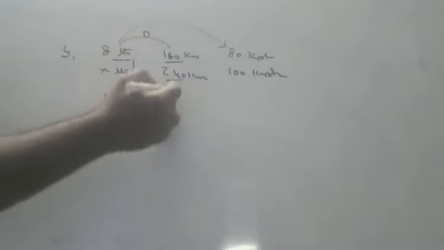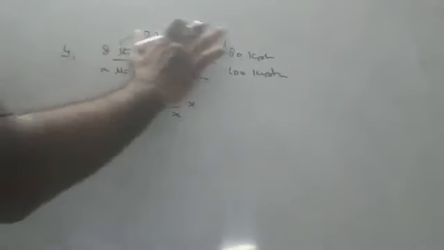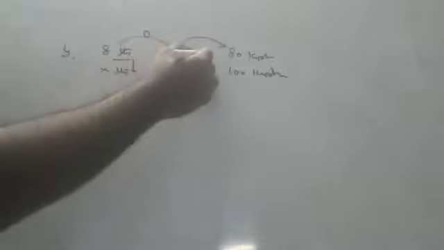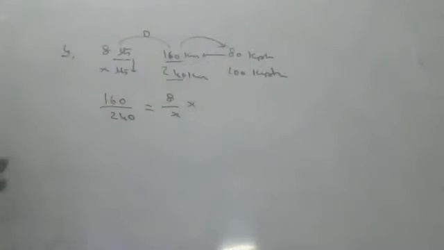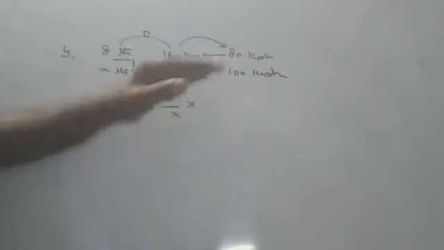So directly I'll write 8 by x. Now, with 80 kmph he is going 160 kilometers. As the speed increases, will the distance increase or decrease normally? It increases.